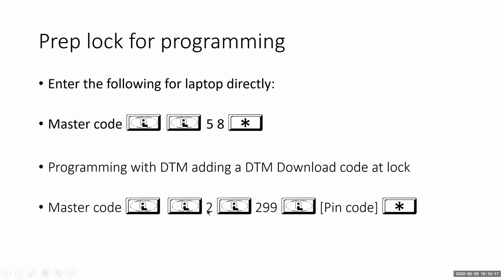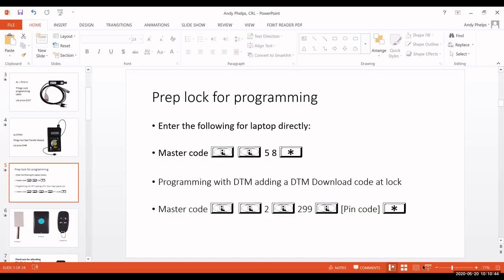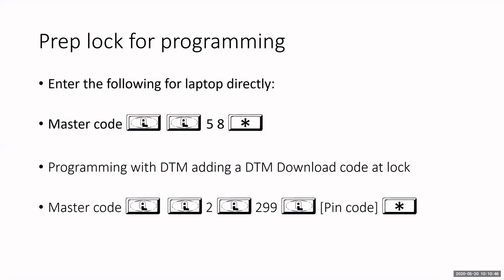So you would have to add a user credential, which is the function number 2 at the keypad, into user slot 299, which is the data transfer module download code, and then enter either the PIN code, or you can use a prox card if the lock has a prox reader on it. Okay, so I'll show you all of those procedures when we get to programming the locks. Well, let's go ahead and do this next one then.